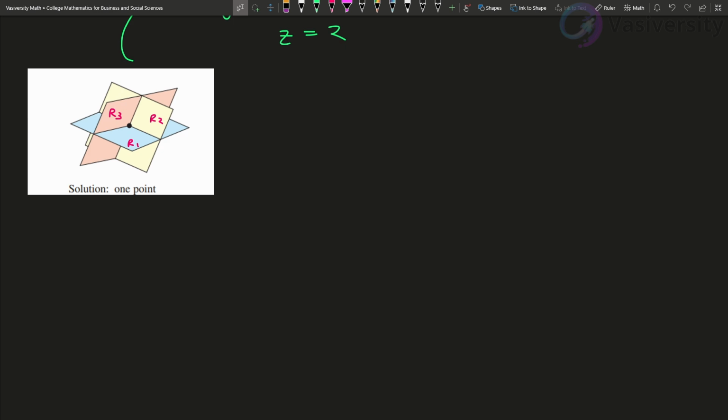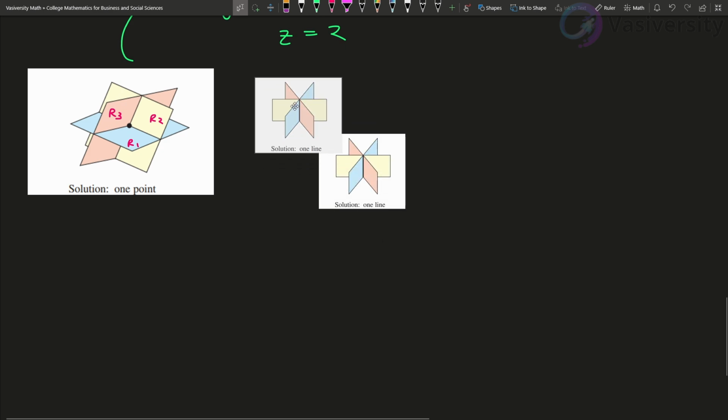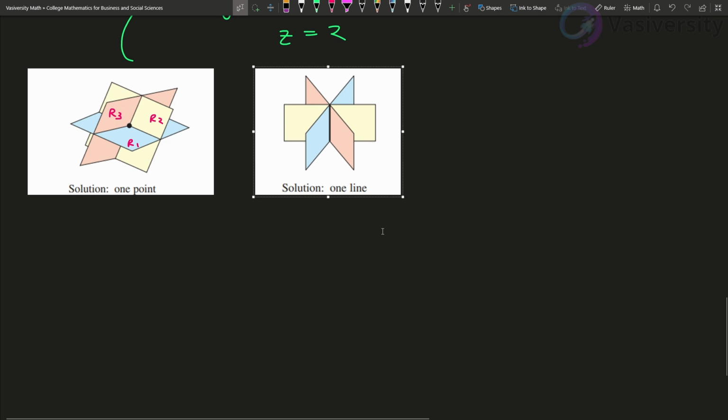Now, if we have a solution as one line, because sometimes we might have a solution in terms of z, let's say, right? Then that means there's going to be a line that's intersecting, and that's going to be our solution, as we're going to be able to eliminate z, but we're not going to be able to eliminate x and y.